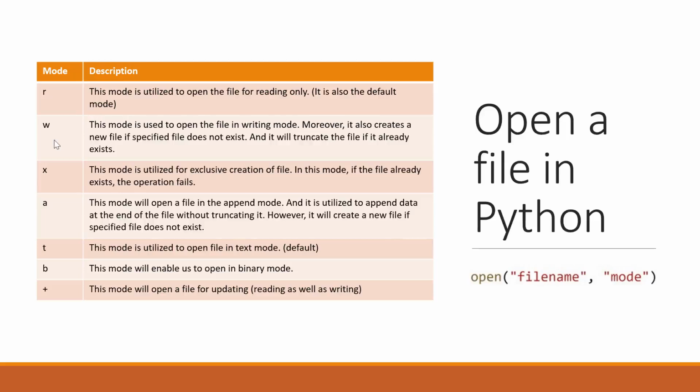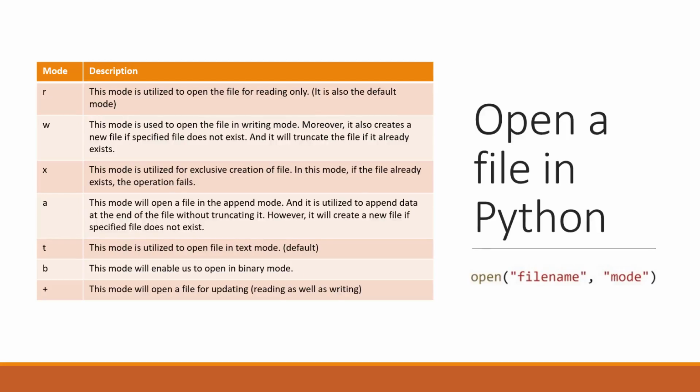After W, there is one more mode. The name of this mode is X, and this mode is basically used for exclusive creation of a file. Its main purpose is to create a file, and it creates the file in a writable mode. After creating the file, we can also write content into it, but we need to be careful while using this mode, because if the file already exists, then this mode will raise an exception.